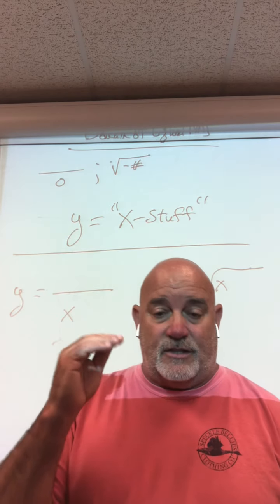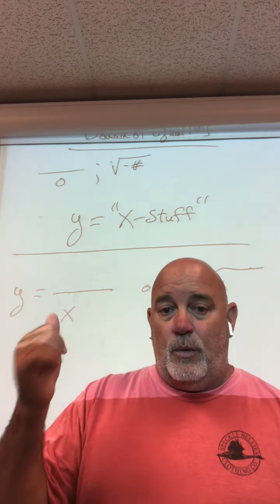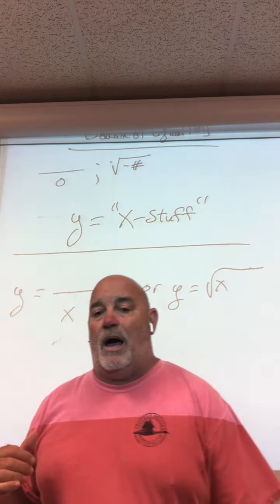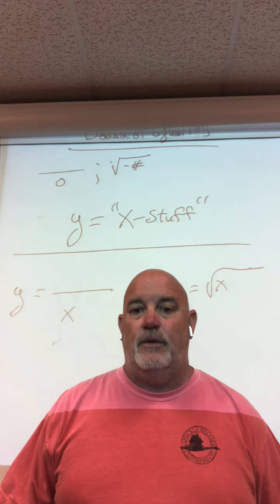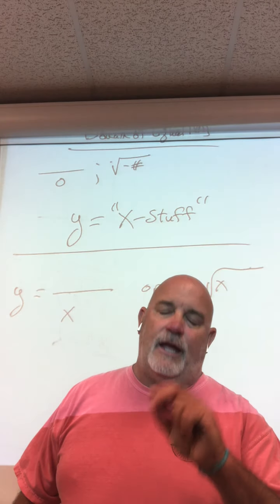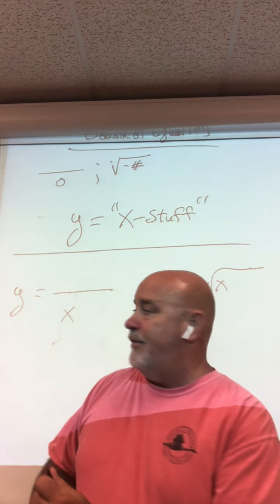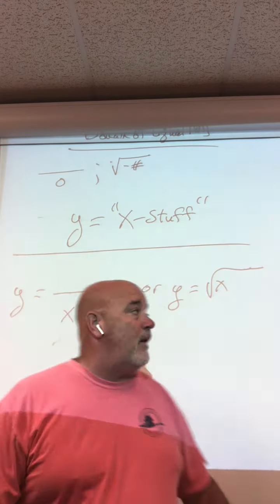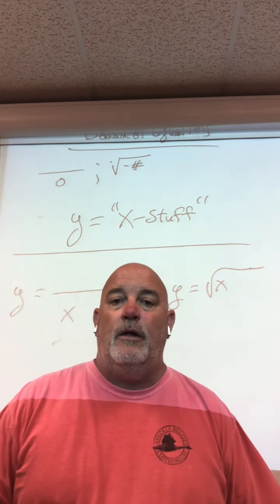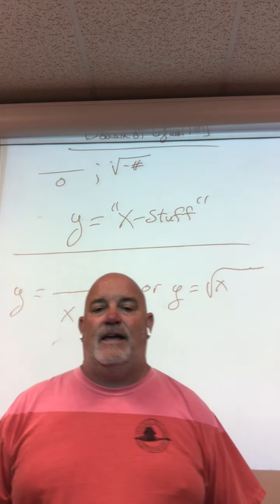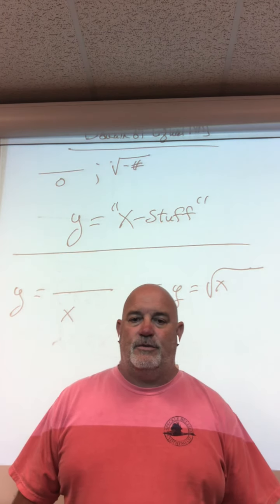So when you solve, this is all you need to remember for in here. When you solve your equation for y, if you don't have x in the denominator, and you don't have x under a square root, if neither one of these occur, then in that case, the domain is all real numbers.